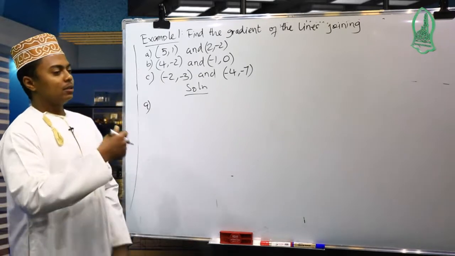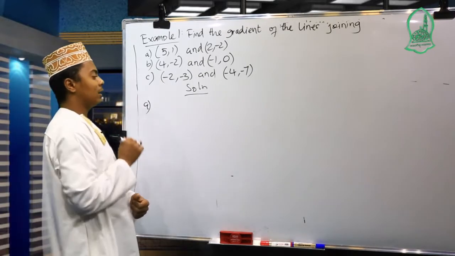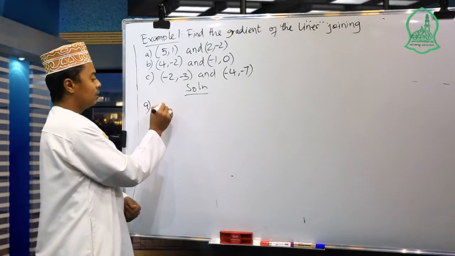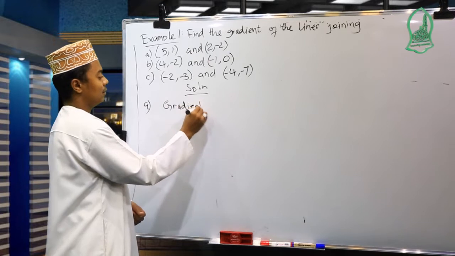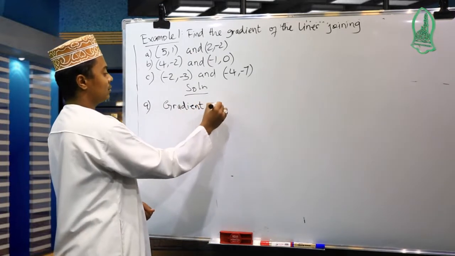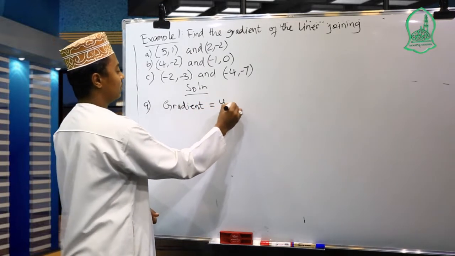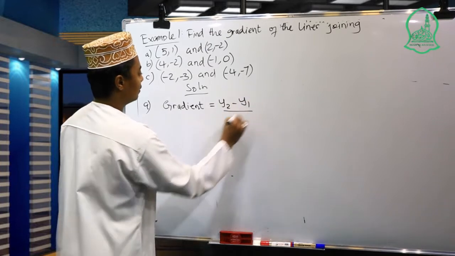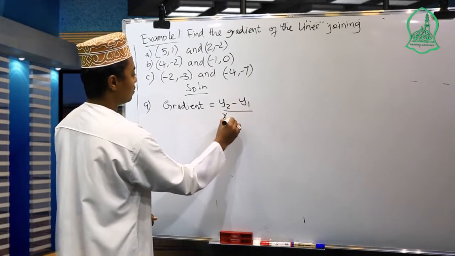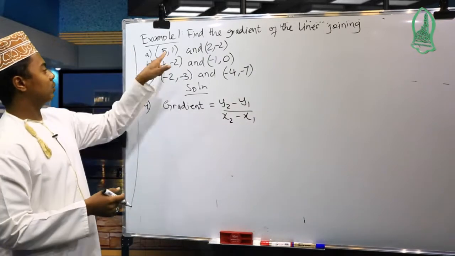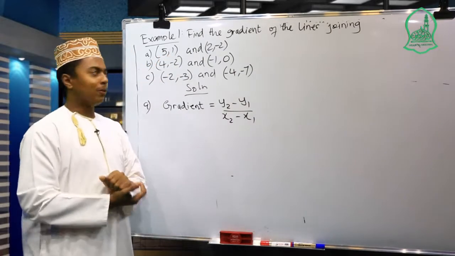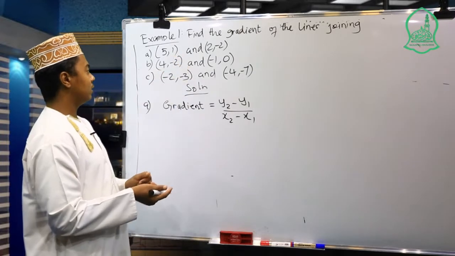Find the gradient. So first thing, we have to refer to the formula. So the gradient is equal to y2 minus y1 over x2 minus x1. So here we have 2 points. We have 5, 1. This one becomes the first one.